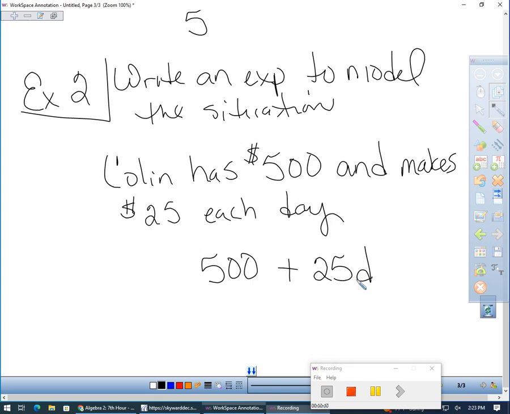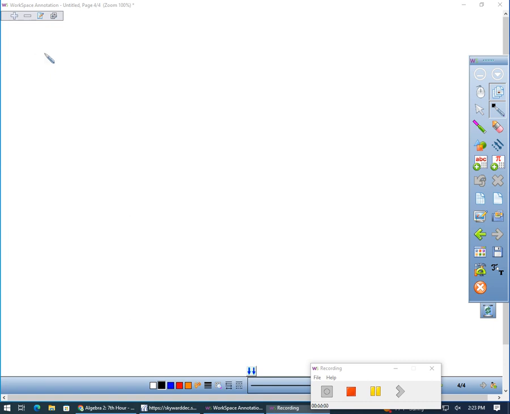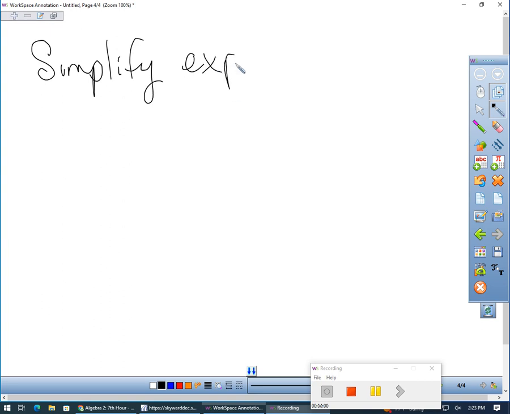Next thing I want to talk about is combining like terms, simplifying expressions. So when we simplify expressions, we may have to distribute.